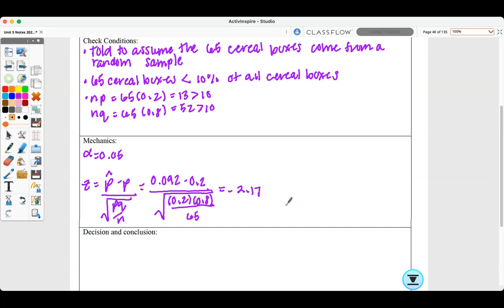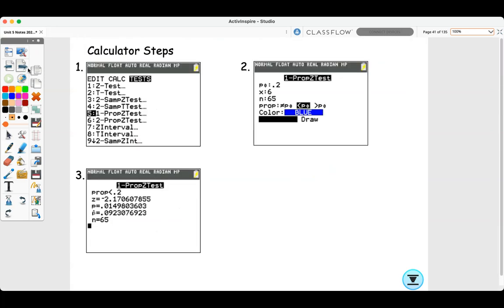So what this means is if I were to draw this, my proportion would be here. Negative 2.17 would be out here, okay? And then it also, if we look at this, gives us a p-value. So right here, we have our p-value, okay?